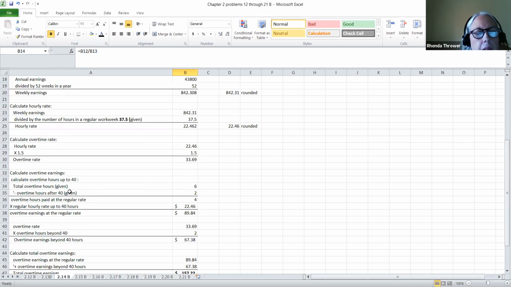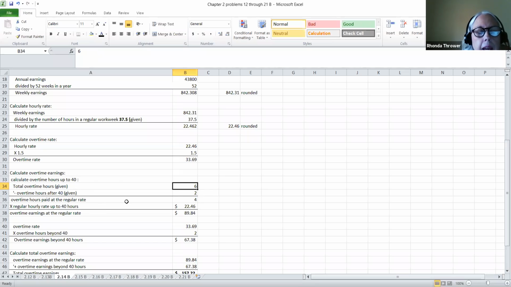And to do that, we're going to take the total overtime hours that were given. We're going to subtract the overtime hours after 40 from that. They gave us 2 overtime hours after 40. So the remaining amount is 4 hours that we're going to pay at the regular rate of pay, because up to 40 hours, she gets paid the regular earnings.